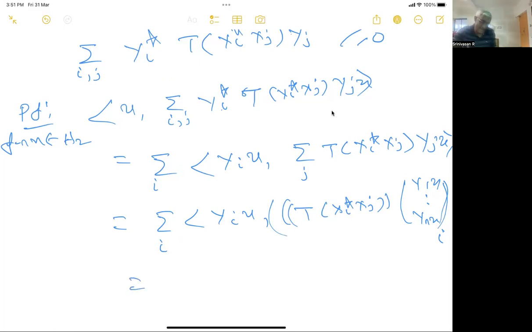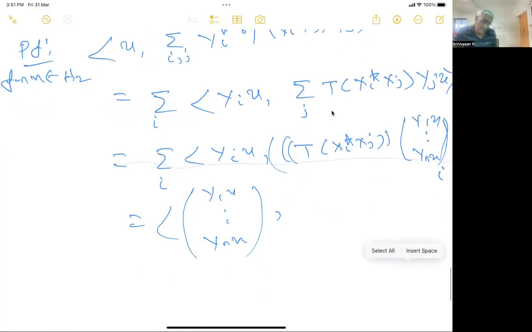I'm just saying this is an inner product with y_1^u up to y_n^u. Here it is the matrix T of x_i star x_j, and here we have y_1^u up to y_n^u.